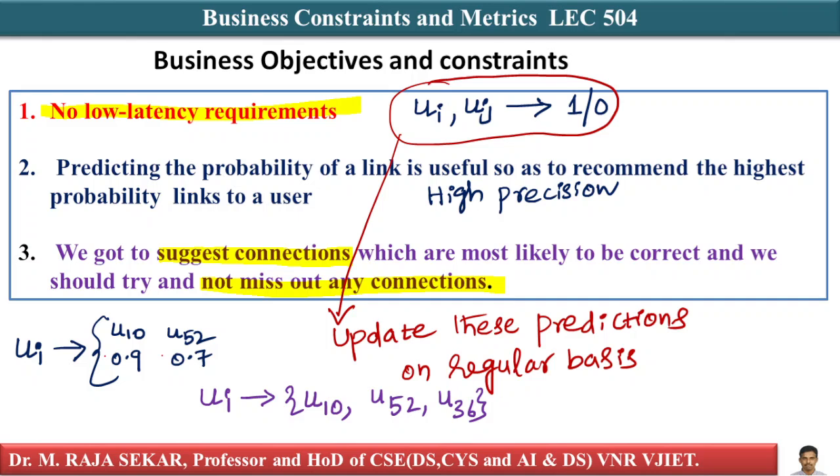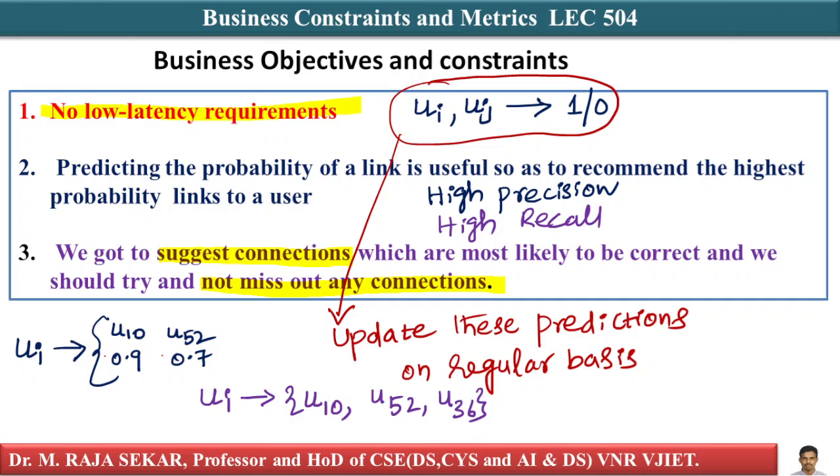If I recommend UJ, there should be a very high chance that UI should be following UJ. I also want high recall. If UI should be following UJ, I should be recommending UJ.